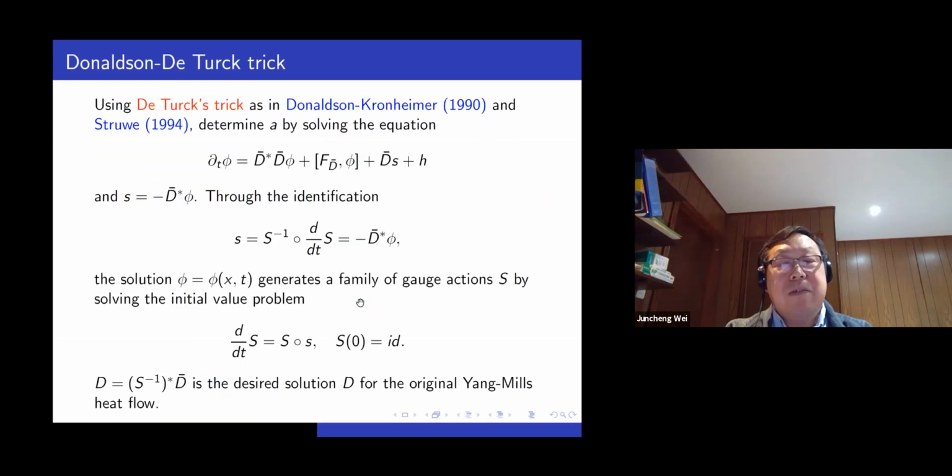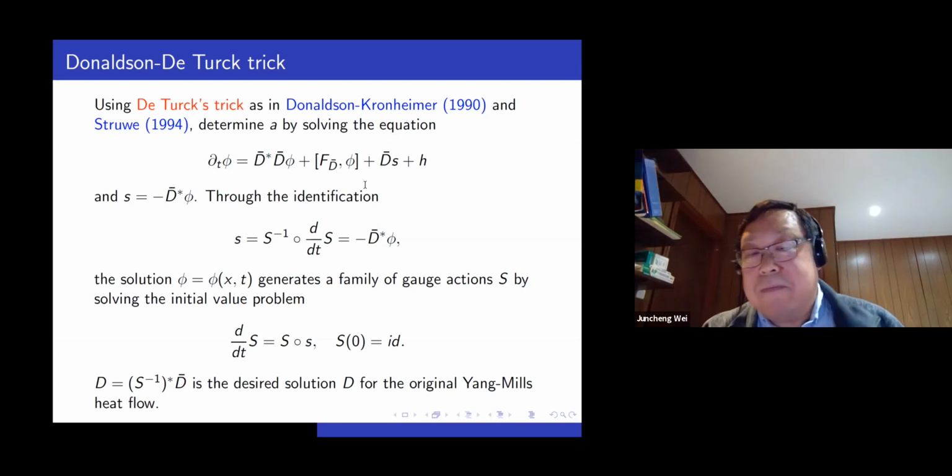Okay. So we found a very nice gauge by Donaldson and De Turck. We call it Donaldson-De Turck. And this De Turck trick is to find a gauge at the same time as we solve the Yang-Mills.